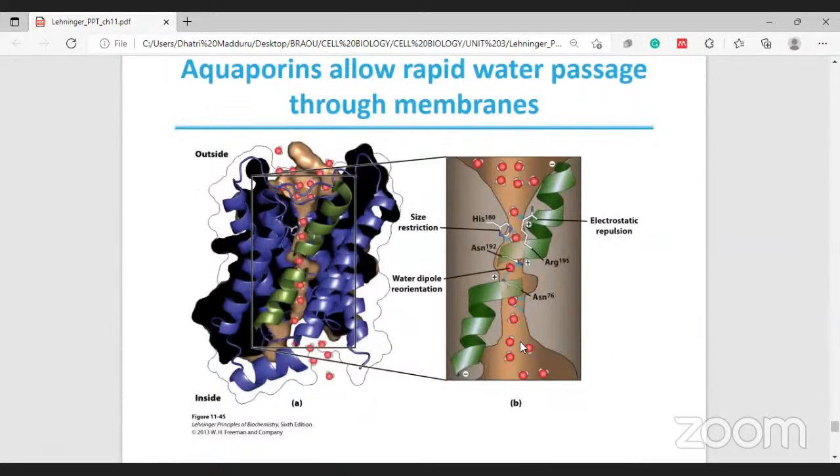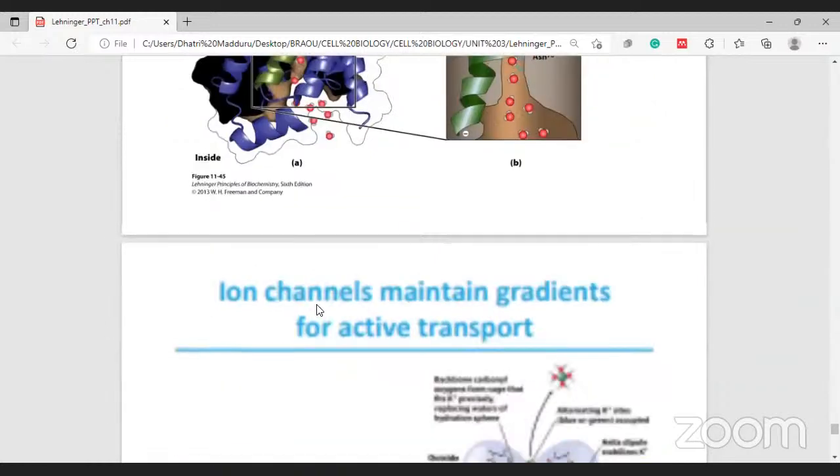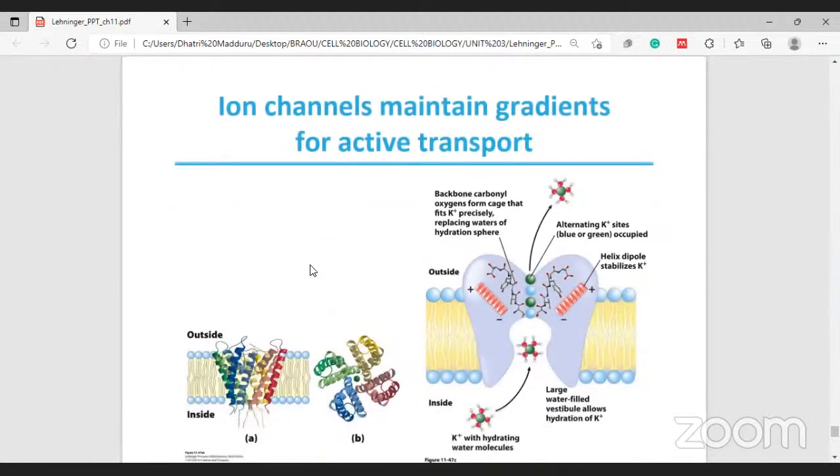So this is aquaporin. Aquaporins are channels, where aqua means water and porin is a channel, through which water molecules can pass. Then ion channels. See, ion channels also require gradients for active transport.